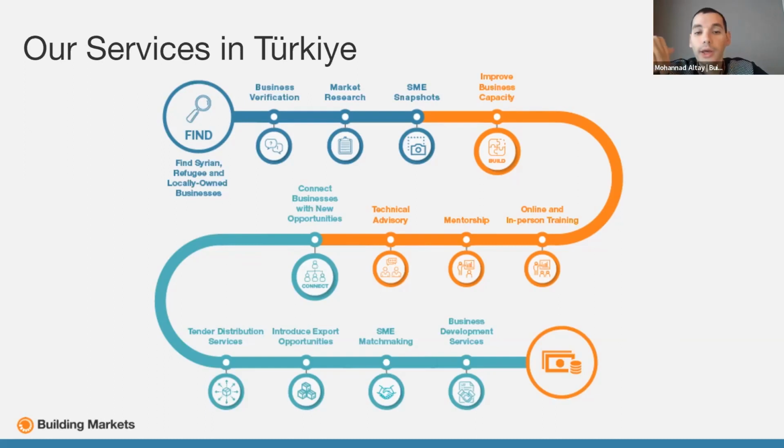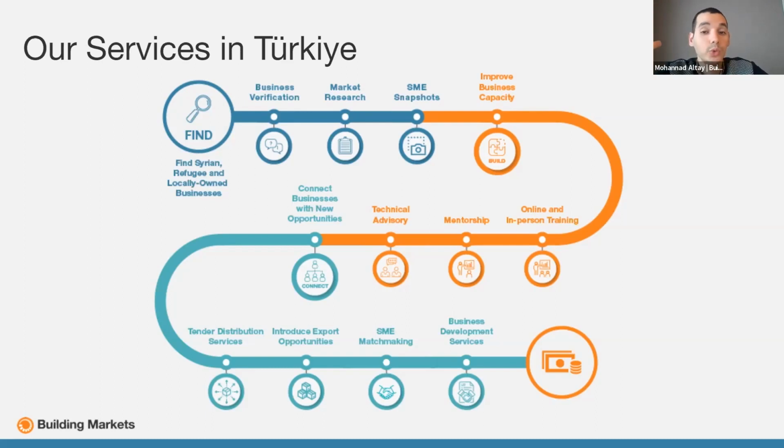Because what we aim to eventually achieve is to create jobs for the refugee and host community. And of course, businesses are key job creators in any economy. For businesses to create jobs, they need to win business opportunities and generate more revenues.